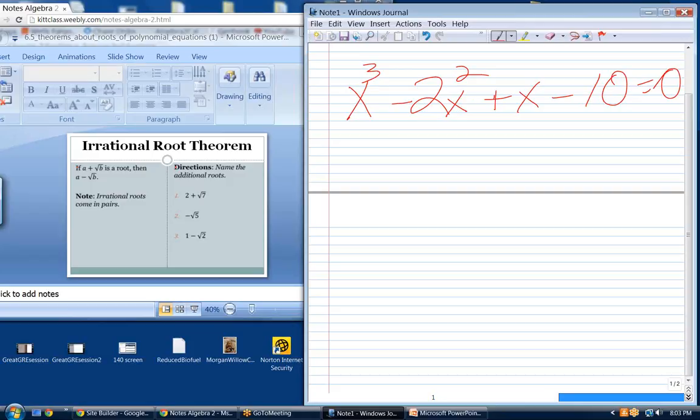That would be 4 solutions. So since it's an odd number of solutions, one of them has to be rational, which is helpful because the rational root theorem tells us that if there is a rational solution, its numerator is a factor of 10 and its denominator is a factor of 1.